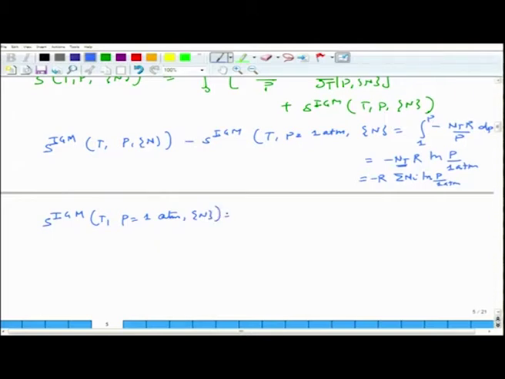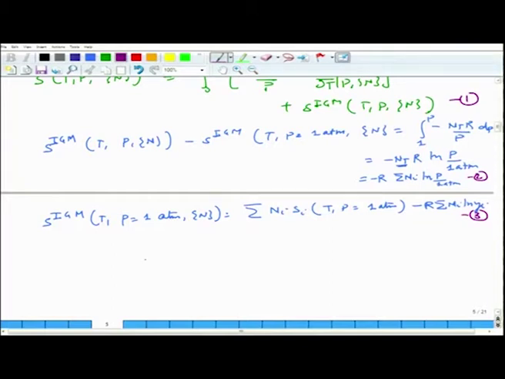So, this is going to be summation Ni Si, so I am just getting this value directly from our earlier expression, minus R summation Ni ln yi. Okay. So, now I have this expression. Let me say this is expression number 1, this is 2 and this is 3.